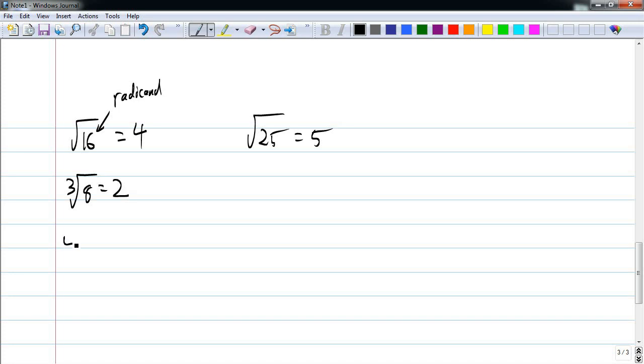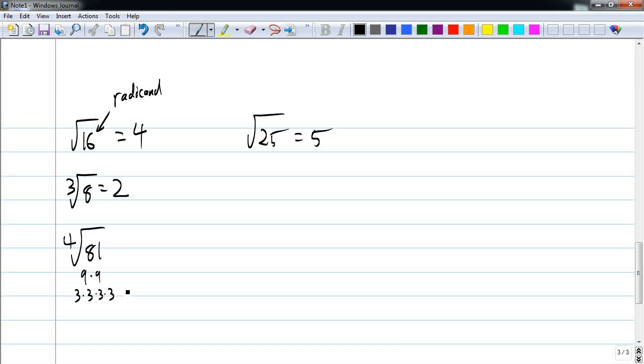How about a fourth root? Now, as these get larger, it gets a little bit harder to think of the correct number. But 81 is 9 times 9. So if this were a square root, I would answer this with a 9. However, each of these 9s is 3 times 3.